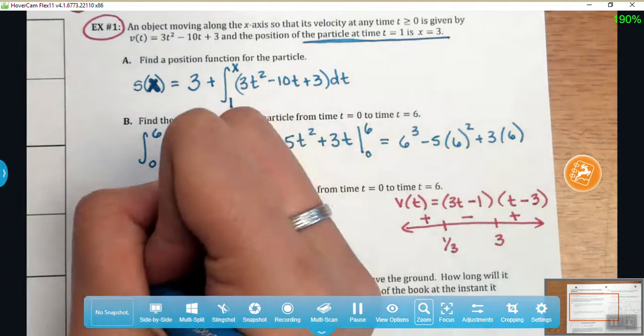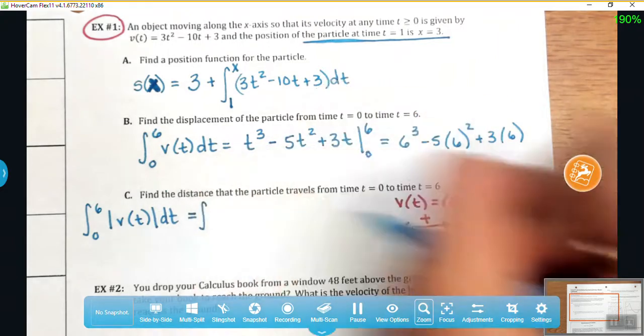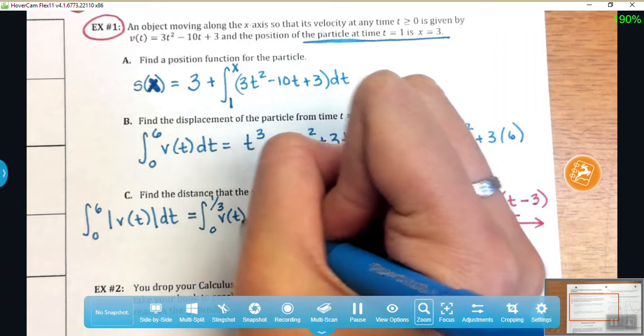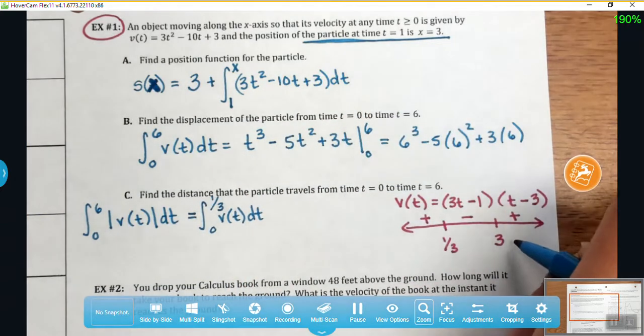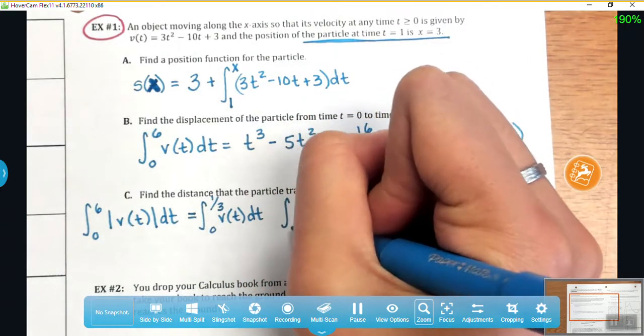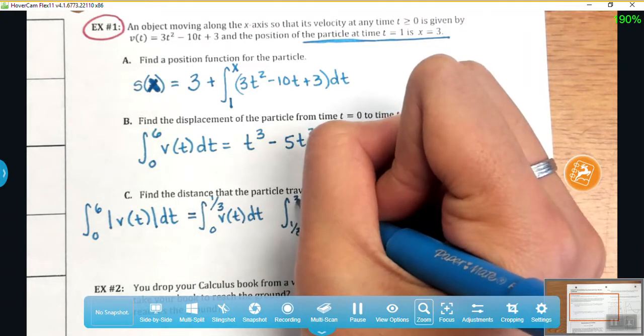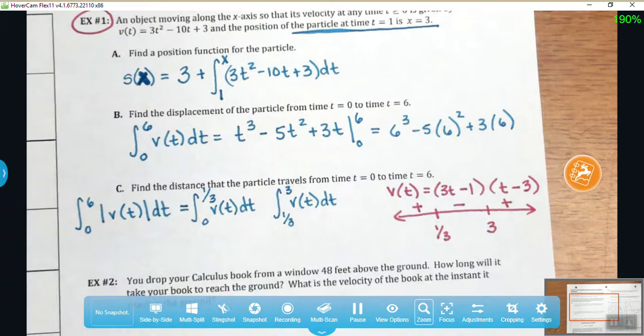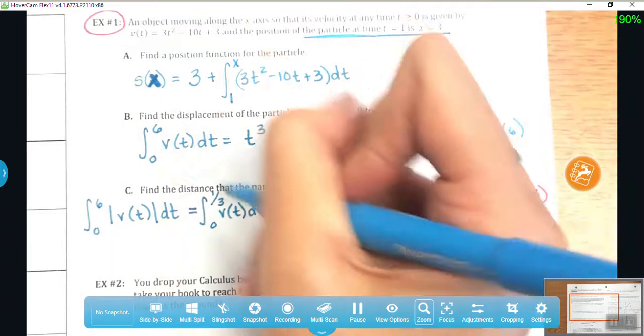You have to go integral 0 to 1/3 of velocity, and then the integral from 1/3 to 3 of velocity. But I need to make this positive, and it's going to come out negative. So I'm just going to do a minus.